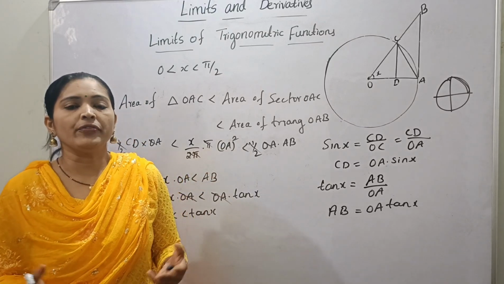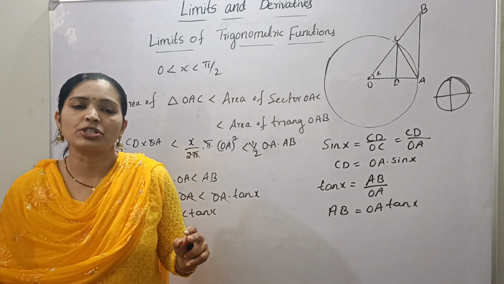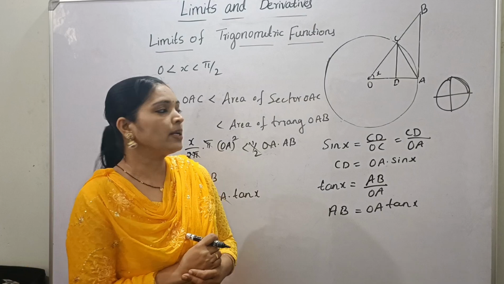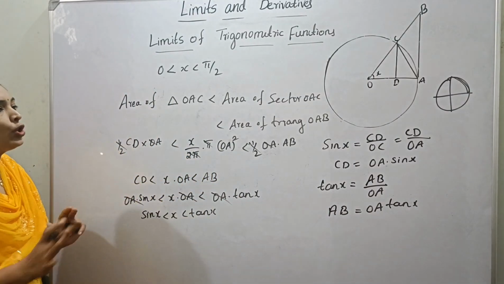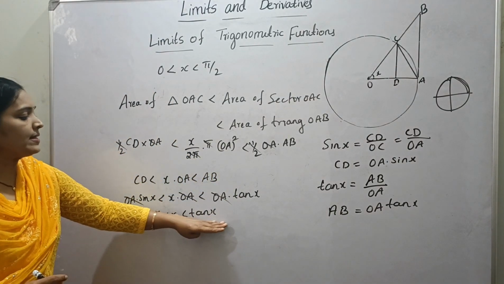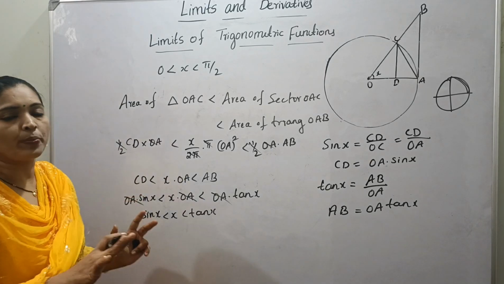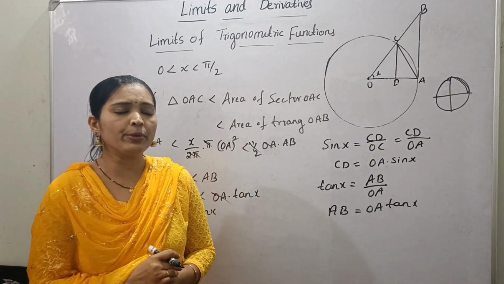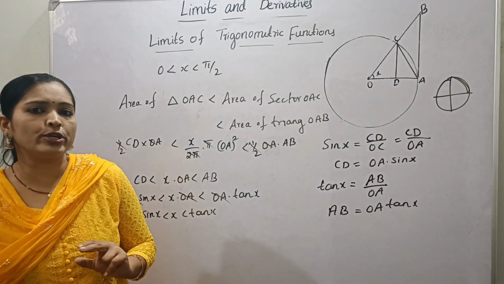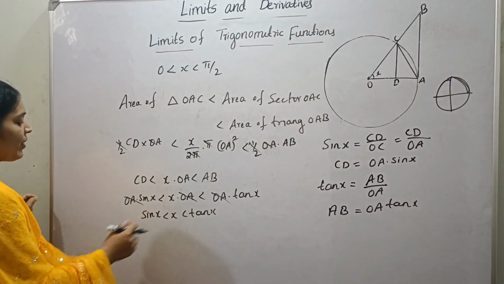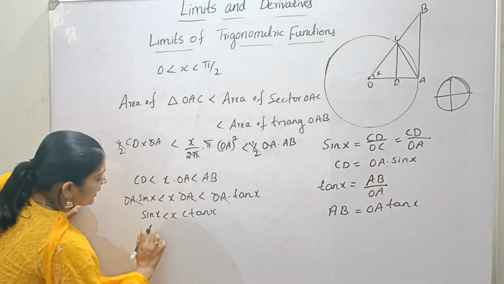So in the first quadrant, we know that all the trigonometric function signs are positive, right? So here, since it is 0 to pi by 2, let us divide throughout by sin x. We can divide because sin x value is positive.